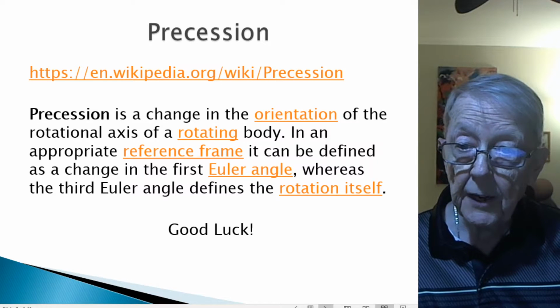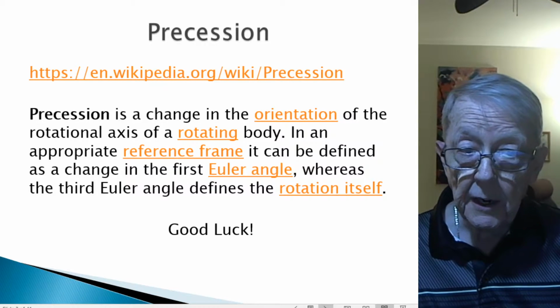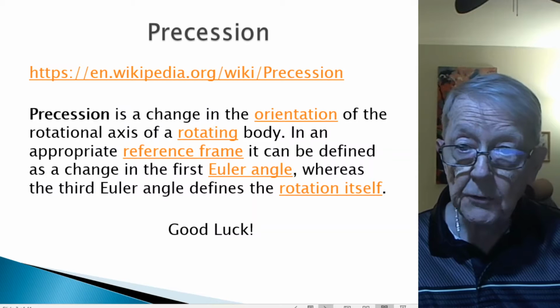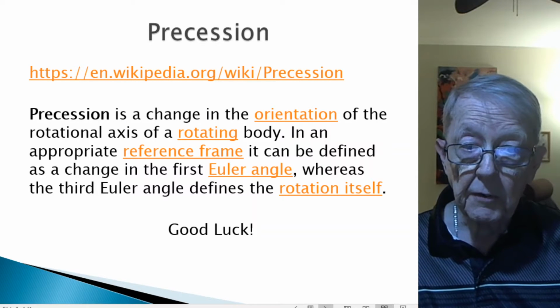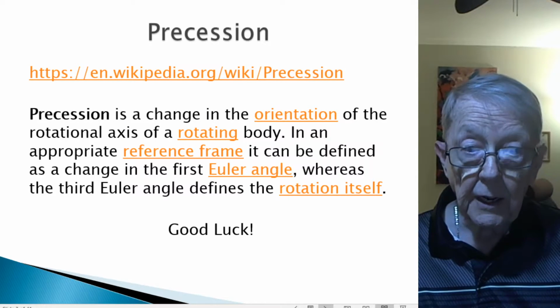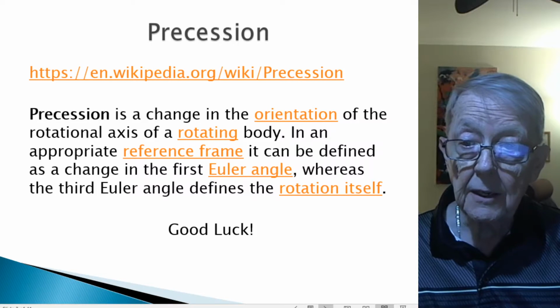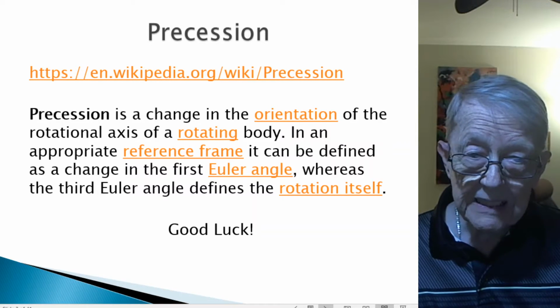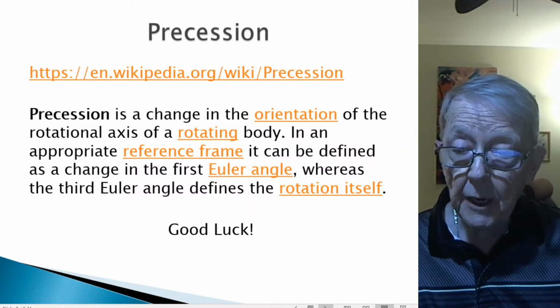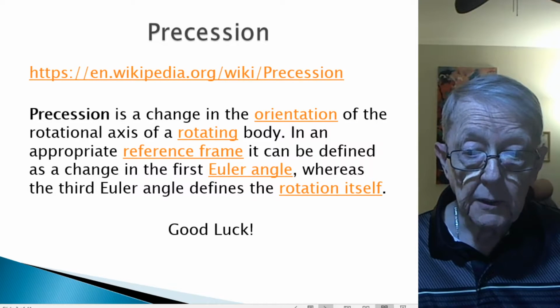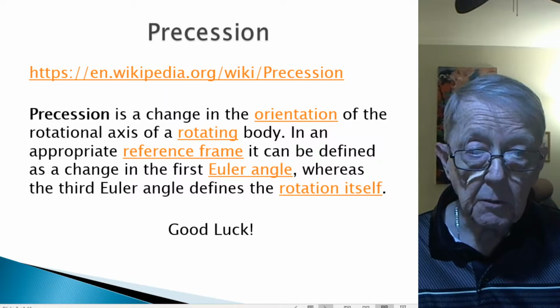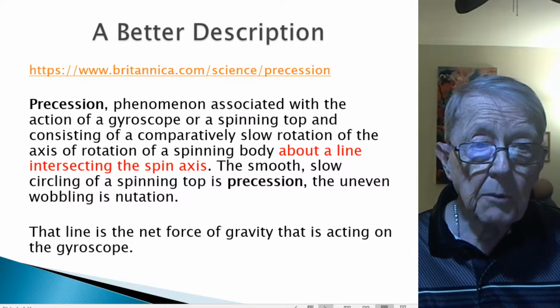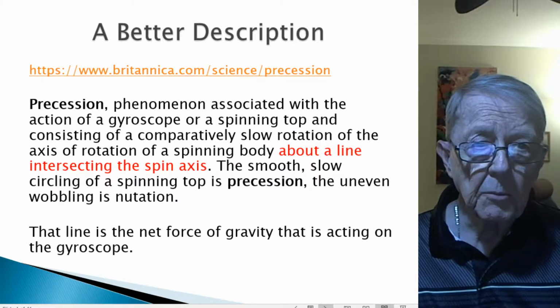Well, good luck with that, because I didn't even study it, and reference frames remind me of relativity, and frankly, I don't know what the Euler angle is. So you can look that up and study it if you want to, but good luck, because it's got lots of math.